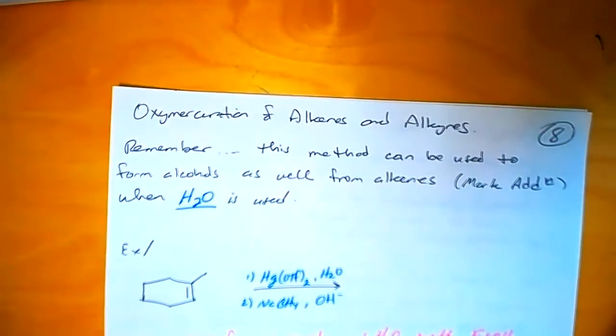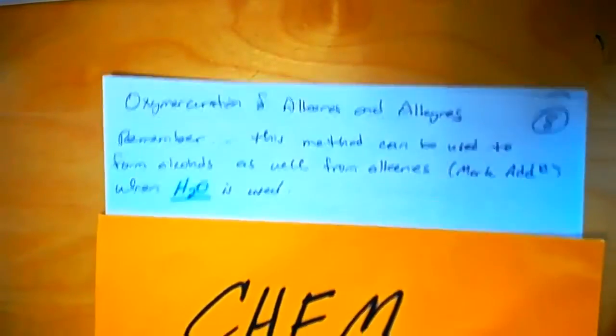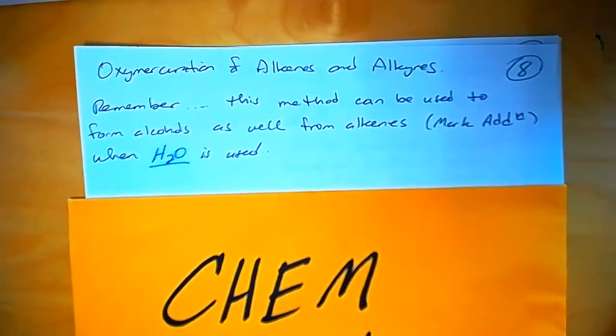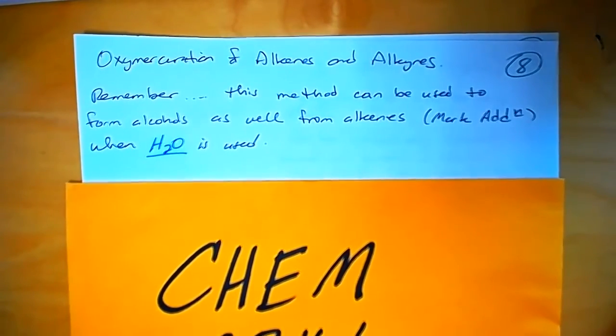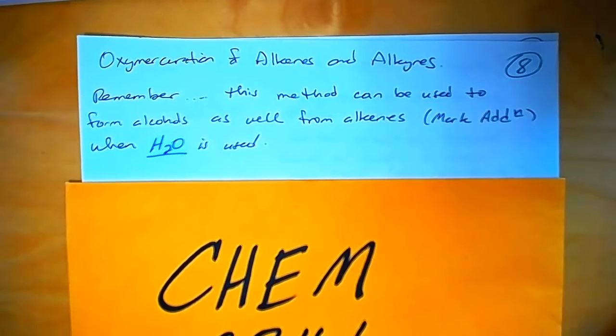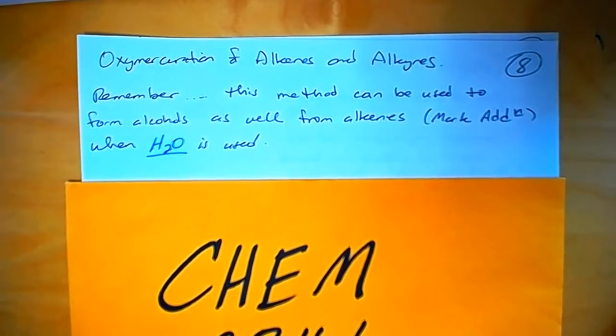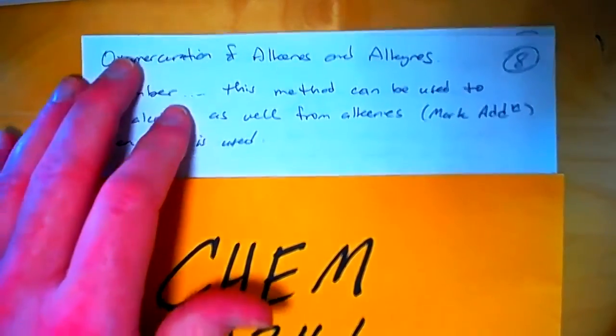Now, if we want to talk about some other ways that you can make ethers, there are alternative methods that utilize some chemistry that we've already talked about, such as oxymercuration. Now, everybody should remember this back from chapter 8 when I was talking about this. Oxymercuration can be used to add water into an alkene via a Markovnikov addition.